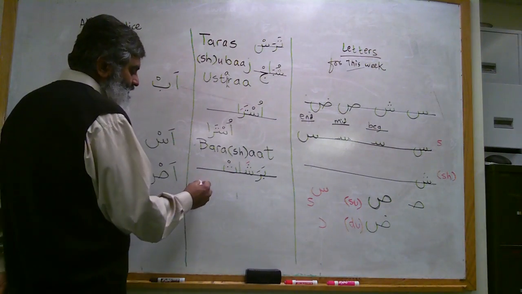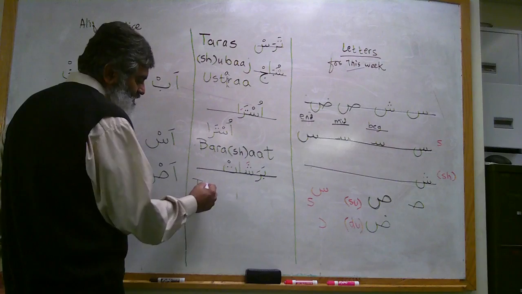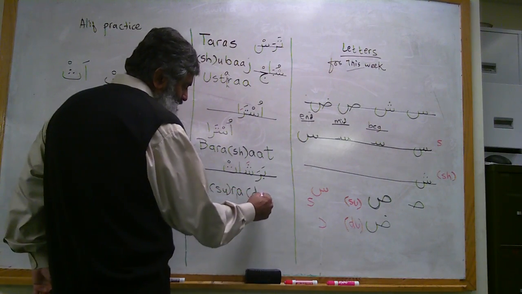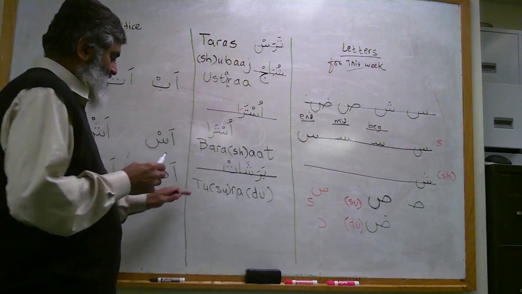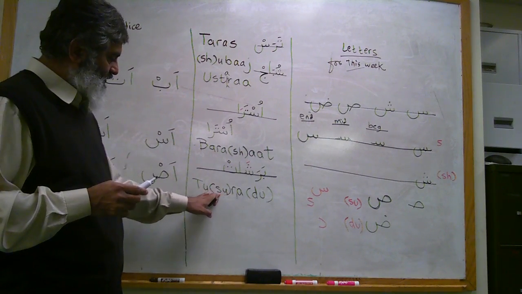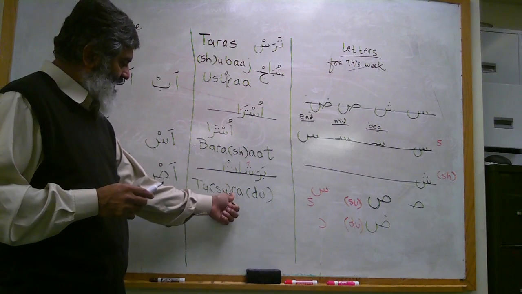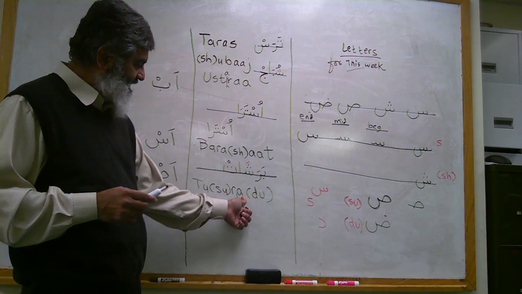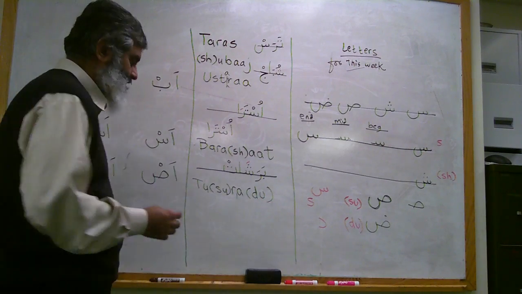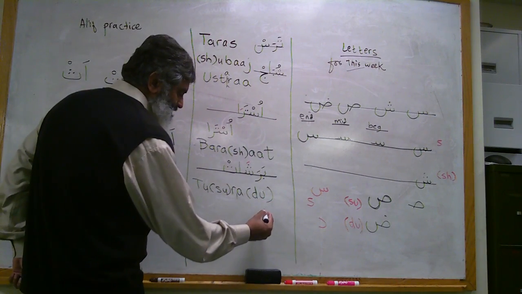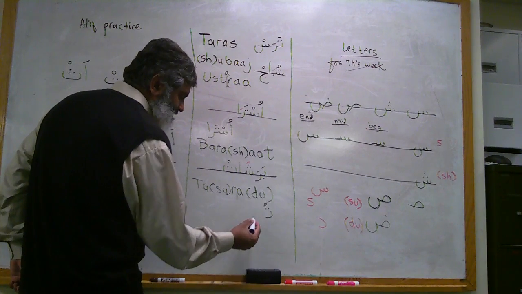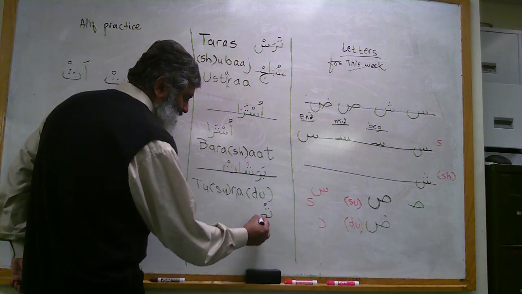In the homework, you will see we are using ta with dhamma, sod, su, with a sukoon, ra with a fatha, and then dod with a sukoon. Ta with dhamma, sod.